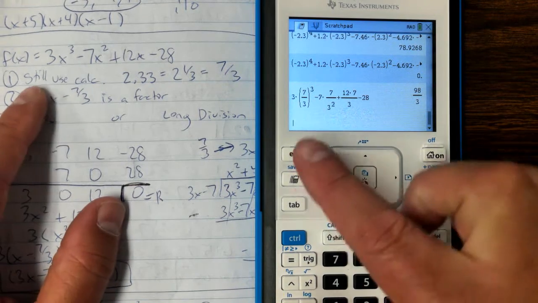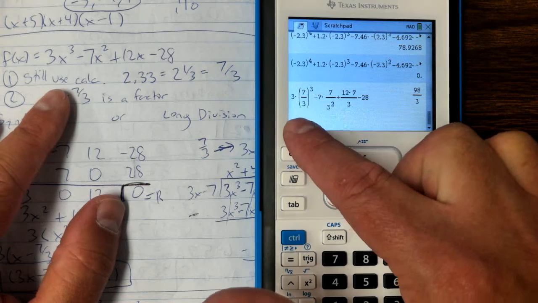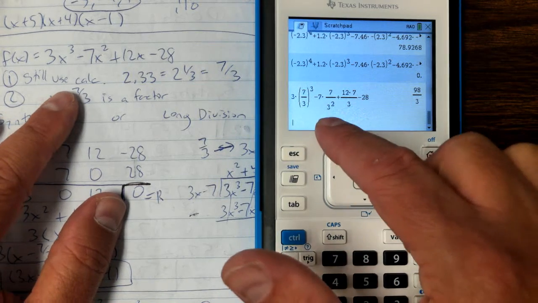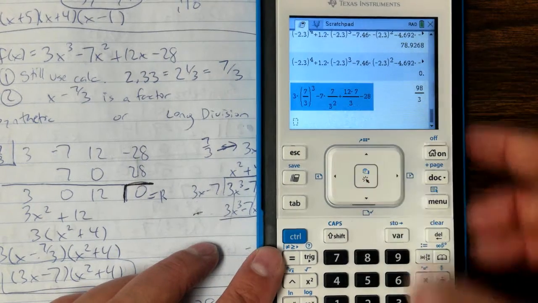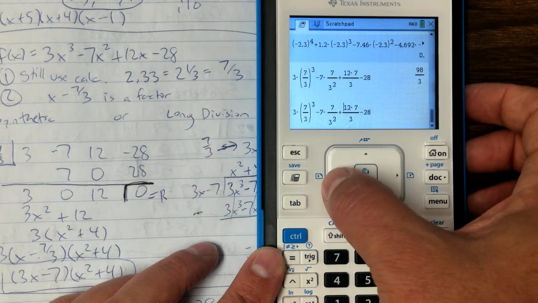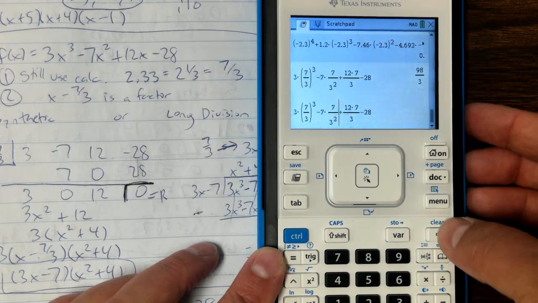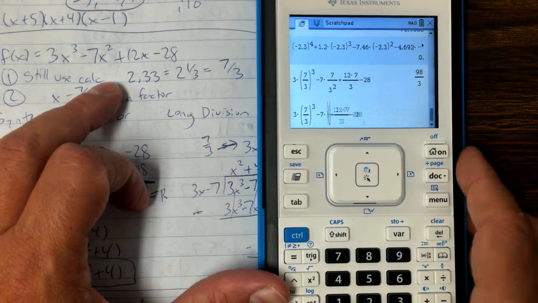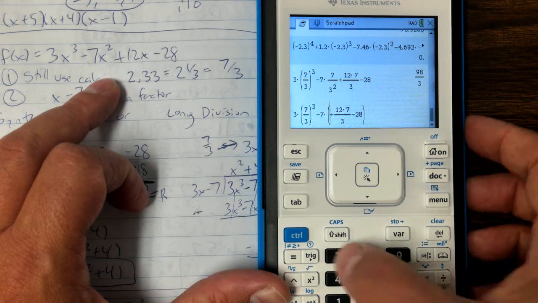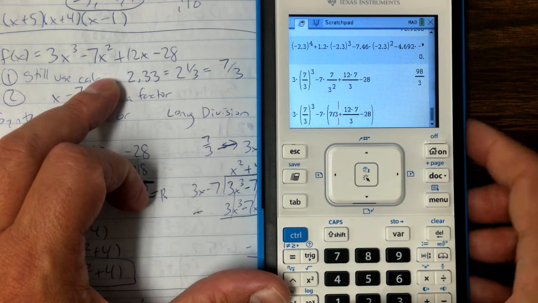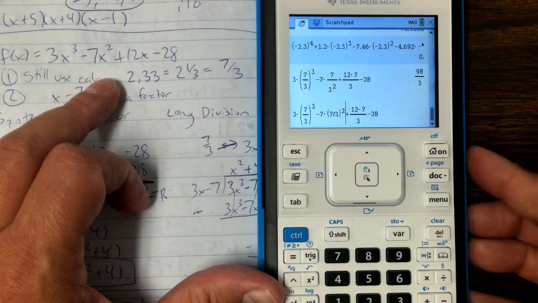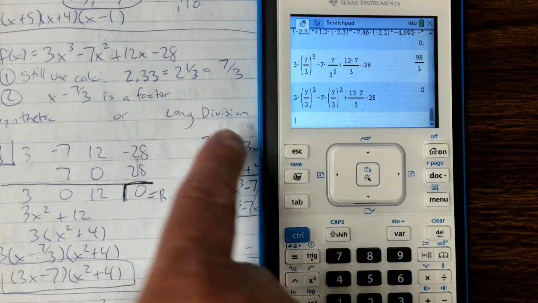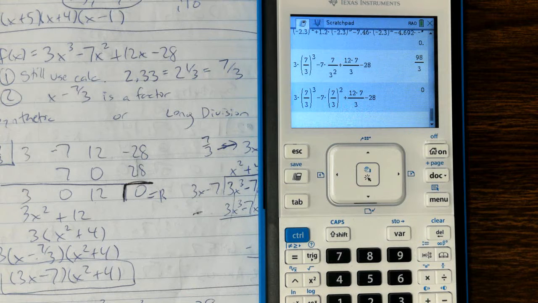Okay. 3 times 7/3 cubed minus 7 times... Oh, here I have a divide on accident. So that was my typo. I need to fix that. Okay, minus 7 times parentheses 7/3 close parentheses squared. Okay, so when I typed it right, then I did get 0.